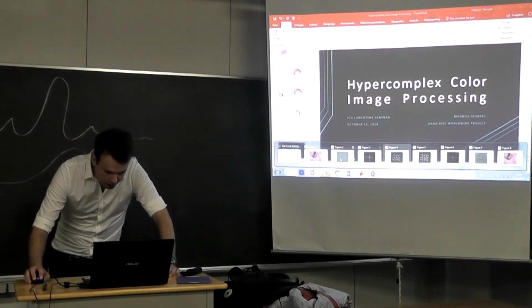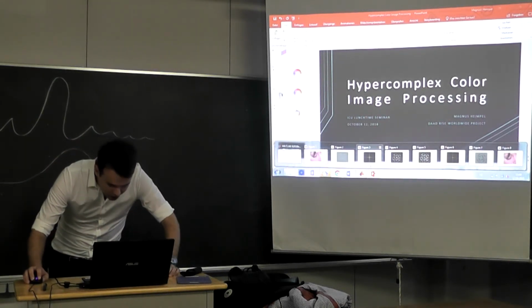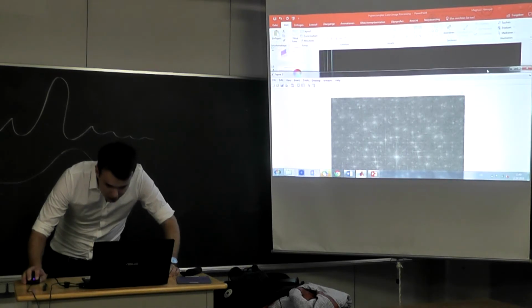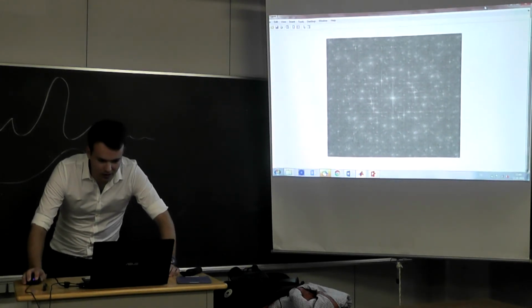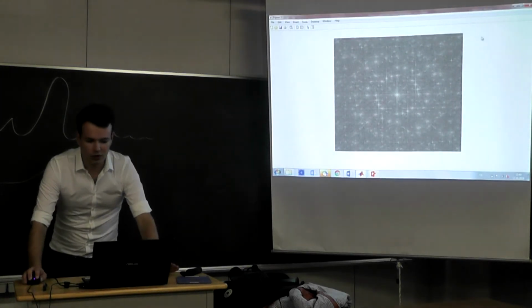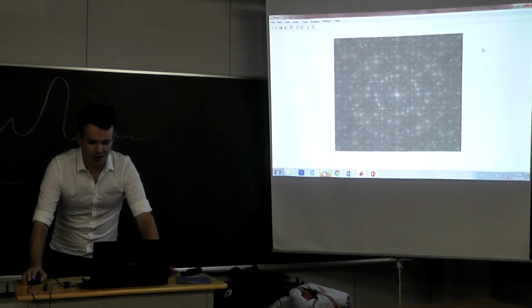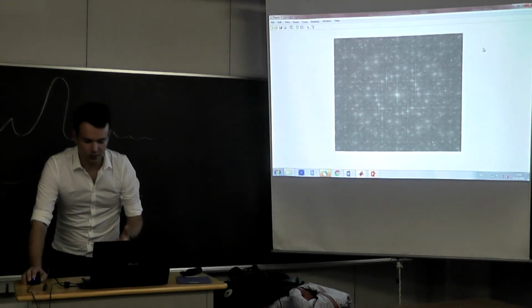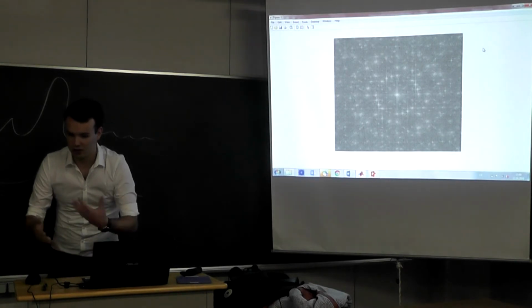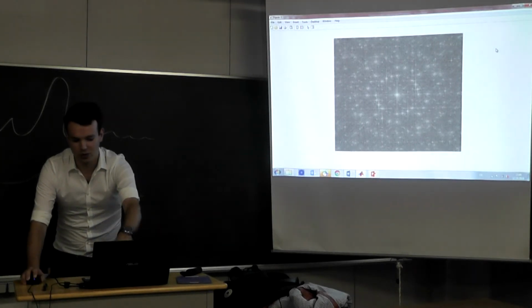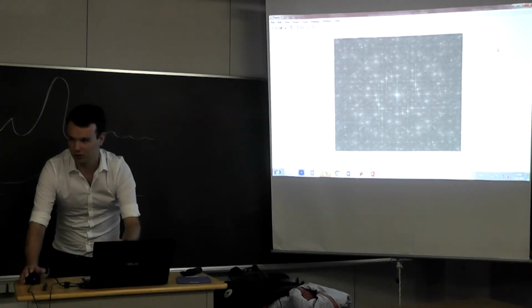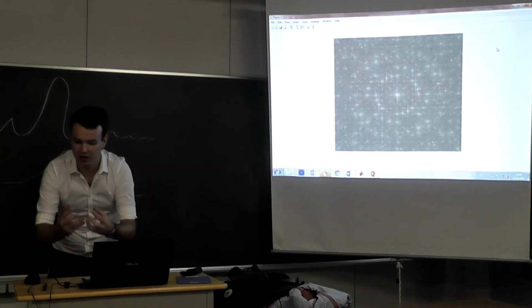It's like this one I have here. This is just a very, very basic Fourier transform, and the transformed image is also 4-dimensional. So what is shown here is just the magnitude of the vectors.